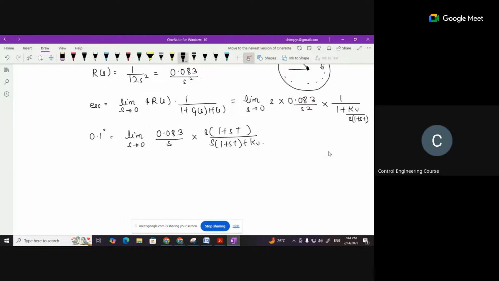And what is the value in degree? I've converted degrees into radians, so it is 0.1 degree, that is what we are given, right? kV, you tell me how much kV is in degrees per degree. In radians, I'm getting it as 3.1416.